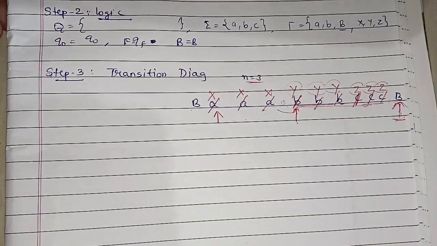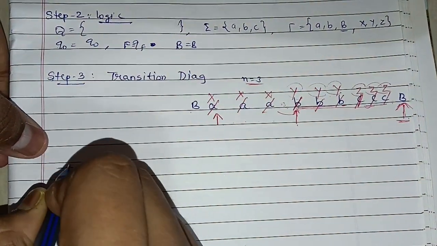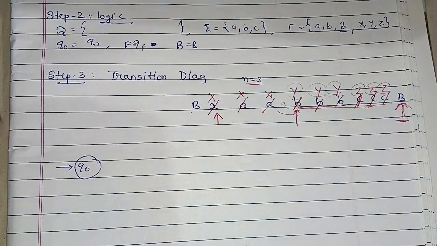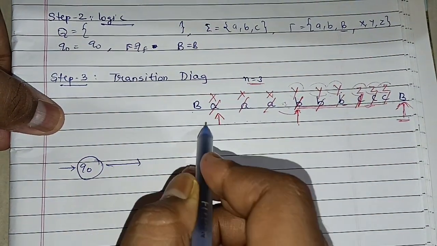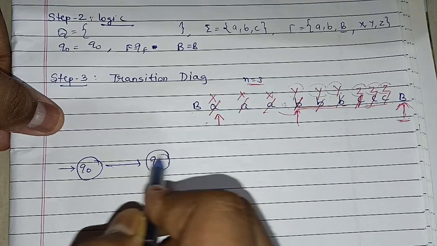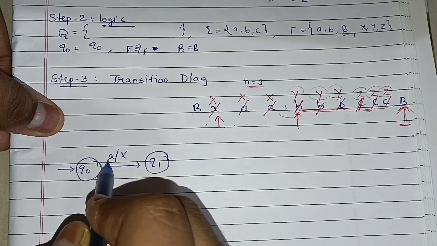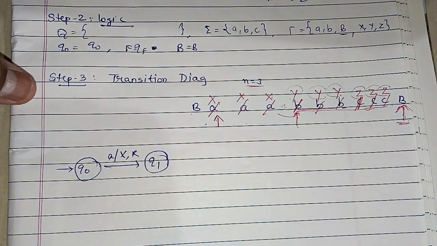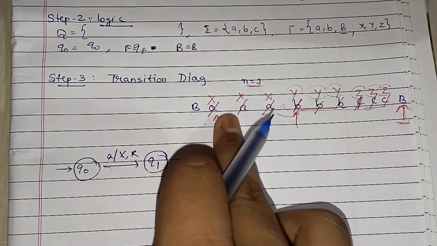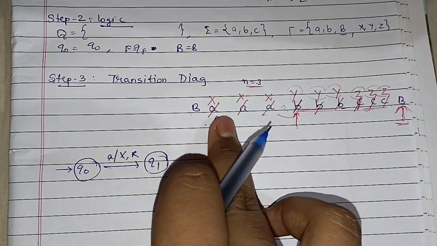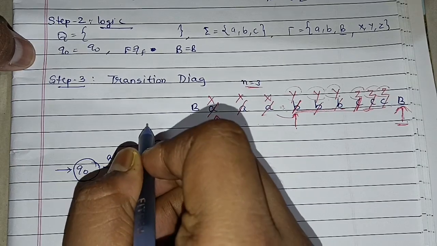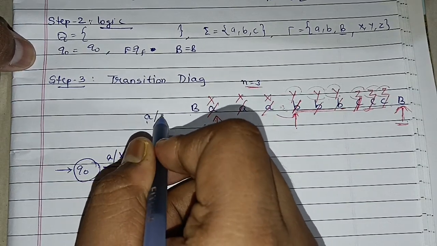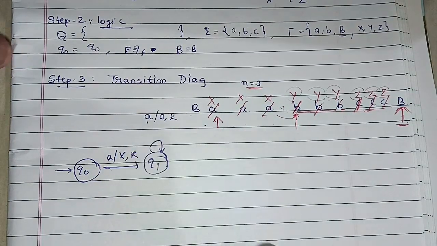So for this we are making the transition diagram. Again, q0 is the starting state. If it gets a, the head is pointing here, I will say go to q1: we are making a as x and moving right. For now, travel all the a's and find the first b. I will make this transition: travel all the a's, keep a as a and move right.